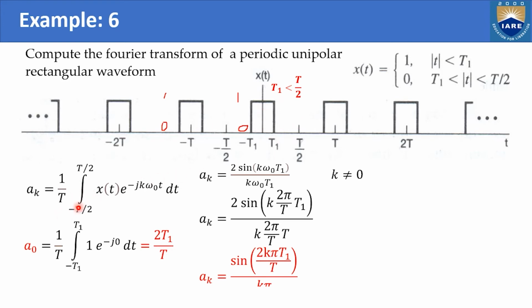So minus T by 2 becomes minus T1 and plus T by 2 becomes T1. That means the range is only between minus T1 and plus T1, and the signal value x of t is 1 here.